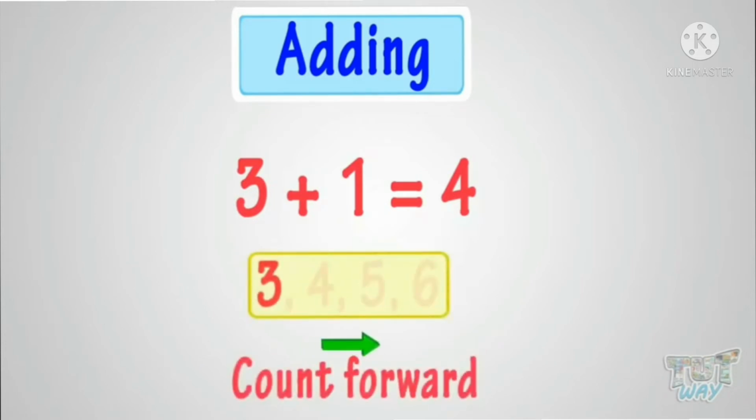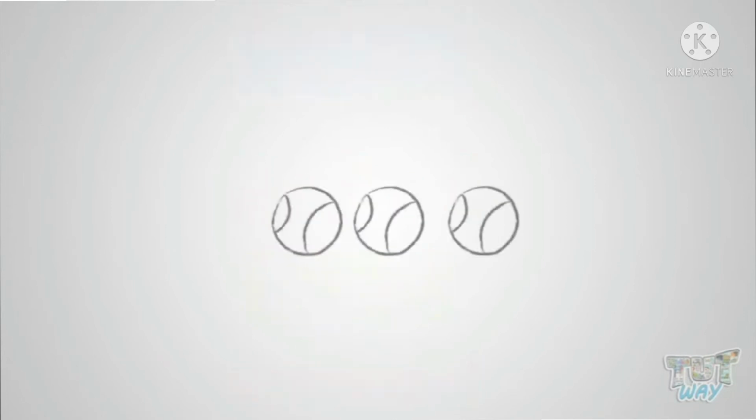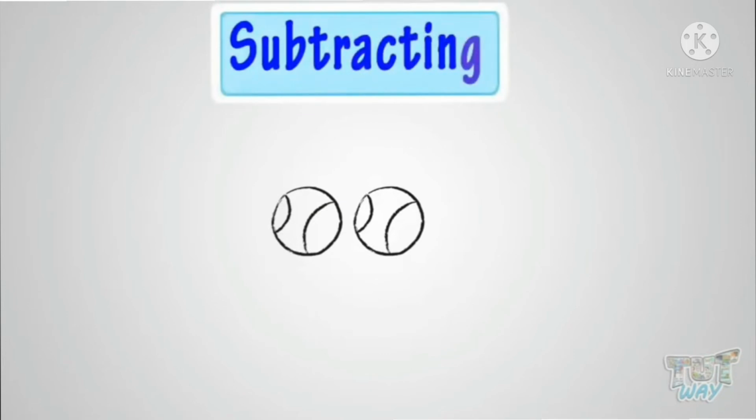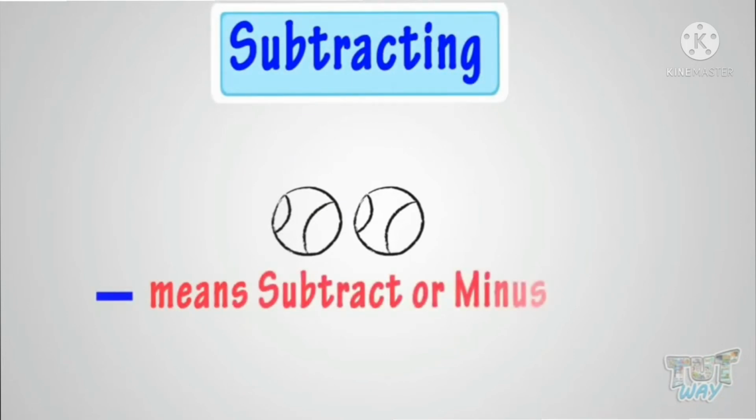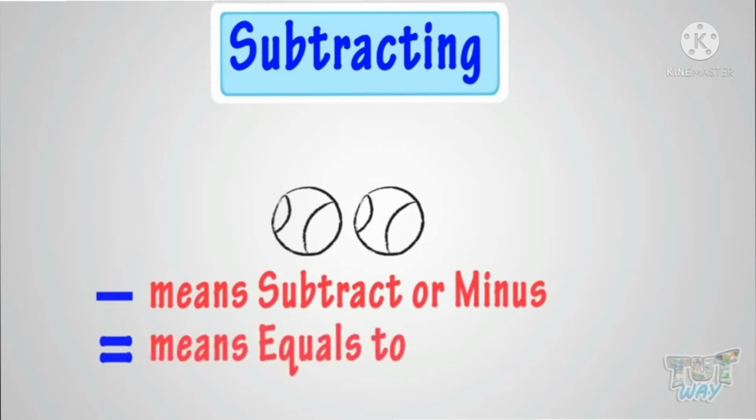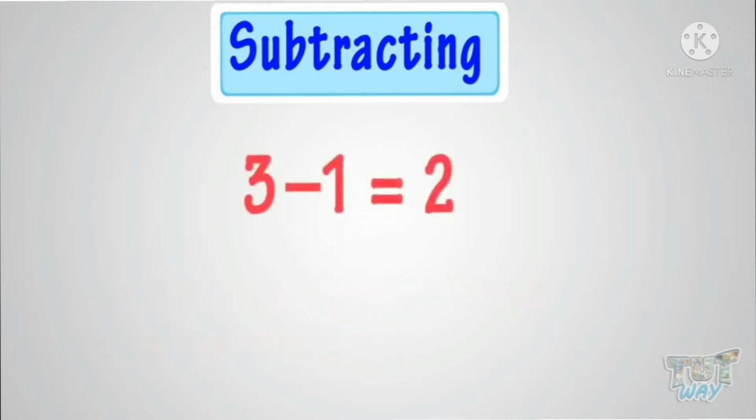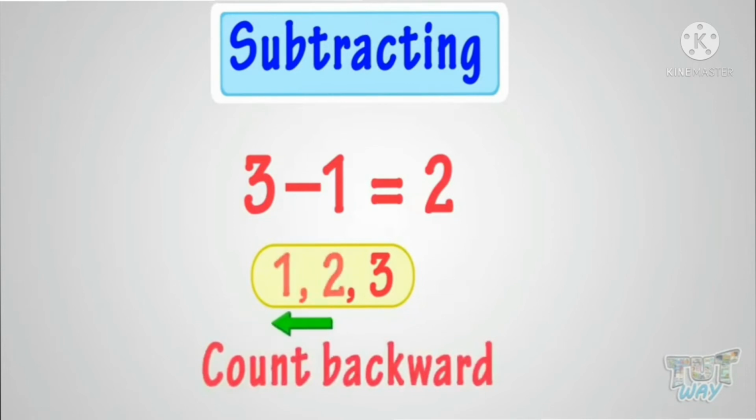And we count forward to add. And we also learned that when we remove things from a set of things, we say we are subtracting things. This sign means subtract or minus. And this sign means equals to. Like 3 minus 1 equals 2. And we count backward to subtract 1.